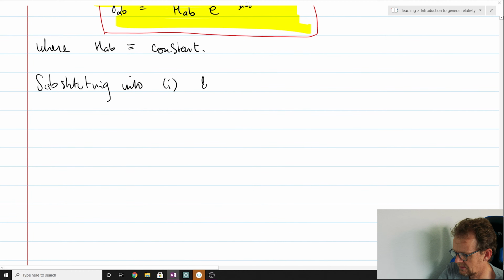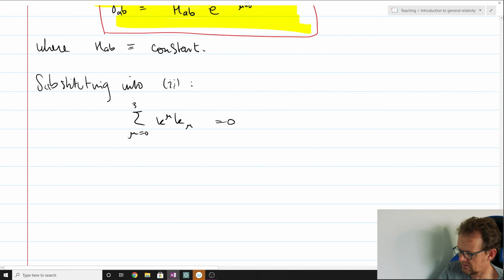So 1 and also 4. Oops, sorry. Let's not get ahead of ourselves. Let's first substitute into 2, which is the linearized Einstein equations. What does that tell us? Well, that tells us that k mu is 0. Okay, so it's a null vector.